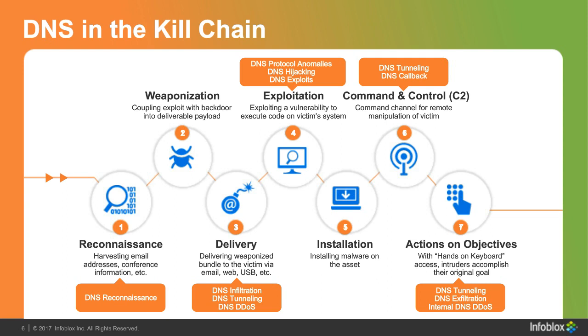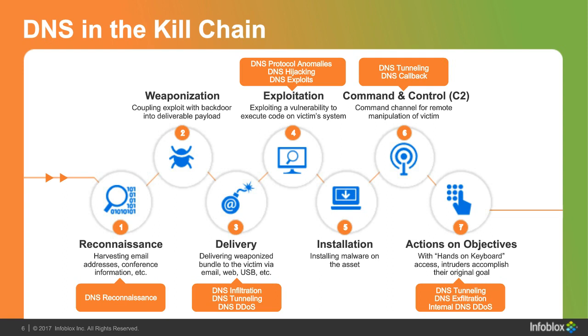Weaponization, this is how you can exploit any backdoors to deliver the malicious payload. Then it goes on to the delivery phase, and once the delivery is done, they exploit the vulnerability and execute code on the victim's laptop or the endpoints.